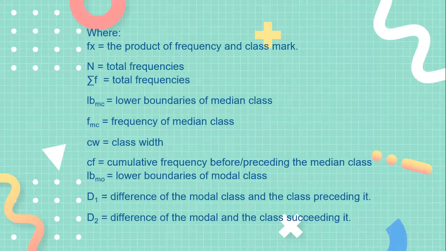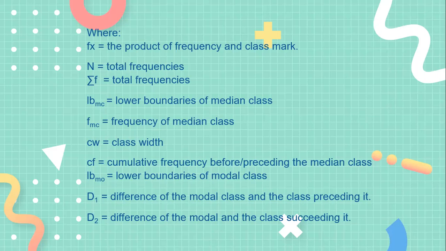Capital N is the total frequencies, same with summation F. Then LB sub MC is equal to lower boundaries of median class, F sub MC is our frequency of median class, CW is our class width, CF is our cumulative frequency preceding the median class, then LB sub MO is equal to lower boundaries of modal class.